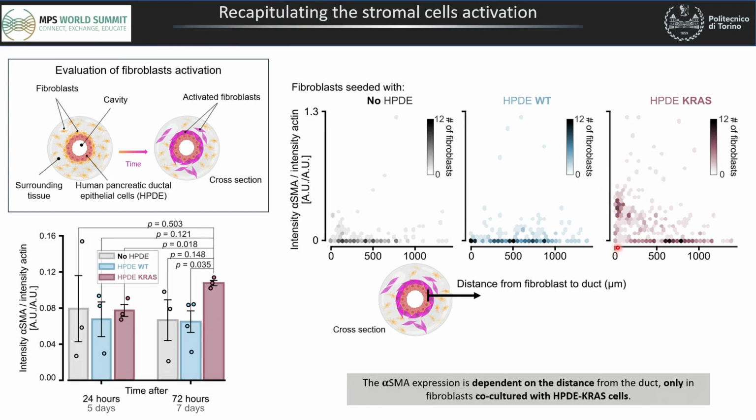And this indicates that fibroblasts feel the effect of the HPD KRAS cells that actually laid within the ducts. In contrast, fibroblasts co-cultured with healthy epithelial cells or without epithelial cells didn't exhibit a decaying degree of activation with the distance from the duct.